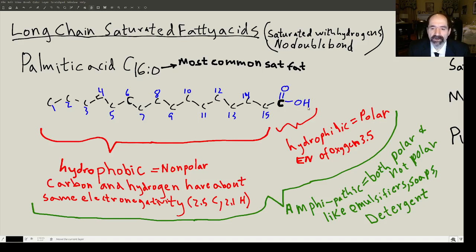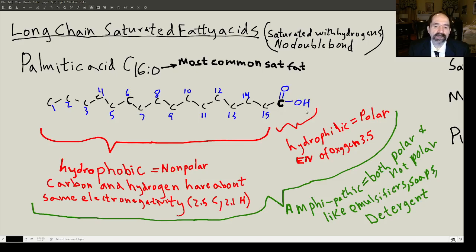First of all, the carboxylic acid side is polar. The reason it's polar is because the electronegativity of oxygen at 3.5 is much higher than the electronegativity of hydrogen at 2.1. Those oxygens really want electrons. That's why oxygen is the ultimate electron acceptor, for example, in electron transport in the mitochondria.